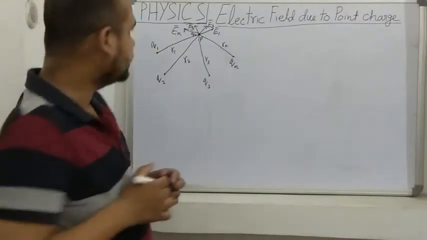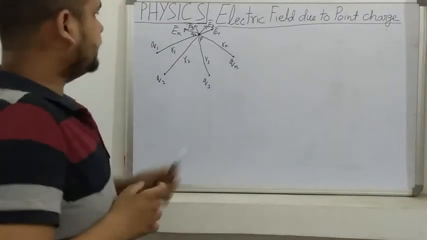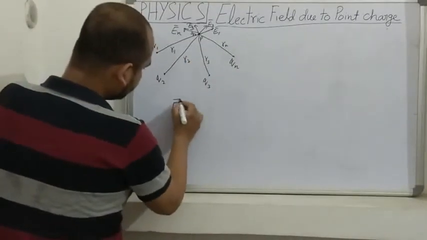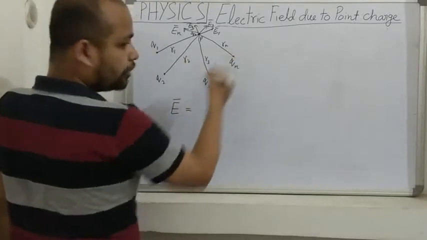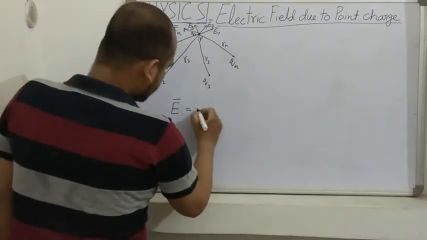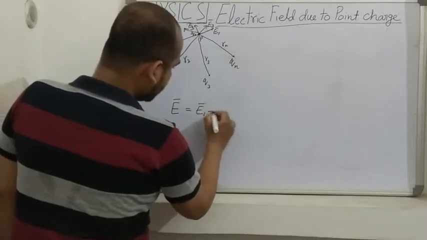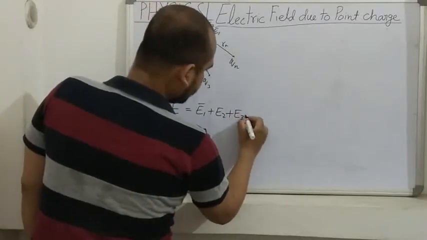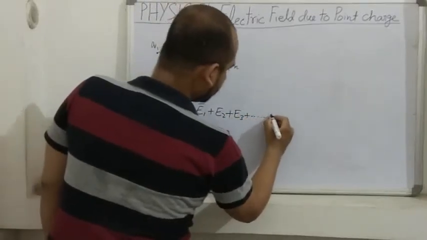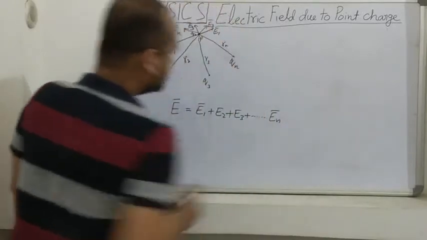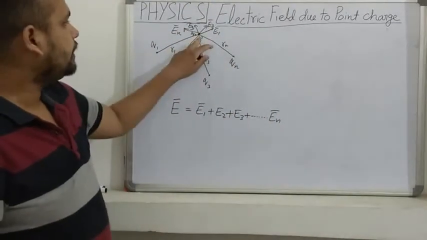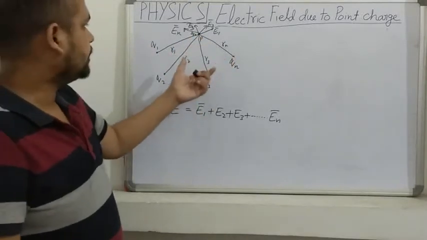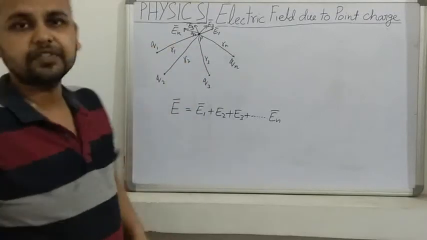Is that clear? So the net field E at this point P will be equal to the vector sum of all these electric fields. So it will be E1 plus E2 plus E3 plus and so on up to En. This will be the net electric field at point P due to n number of charges present in a system. Is that clear?